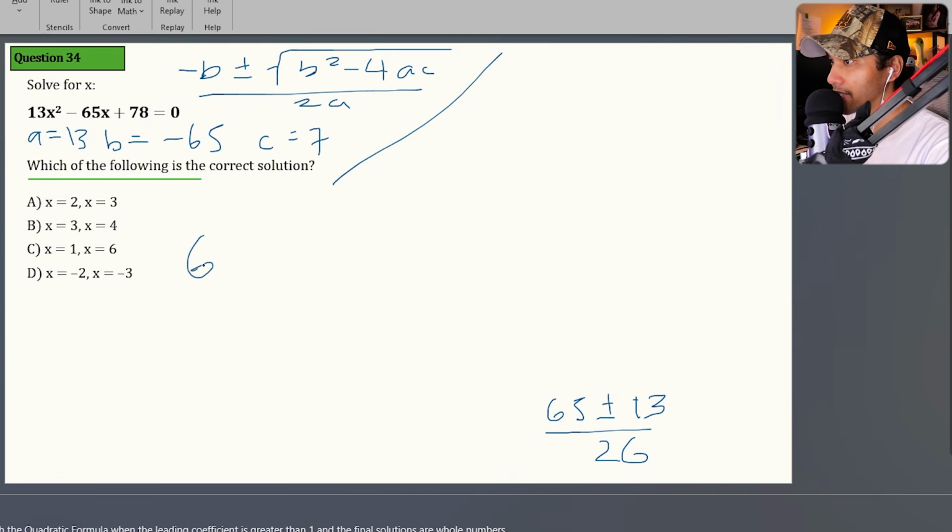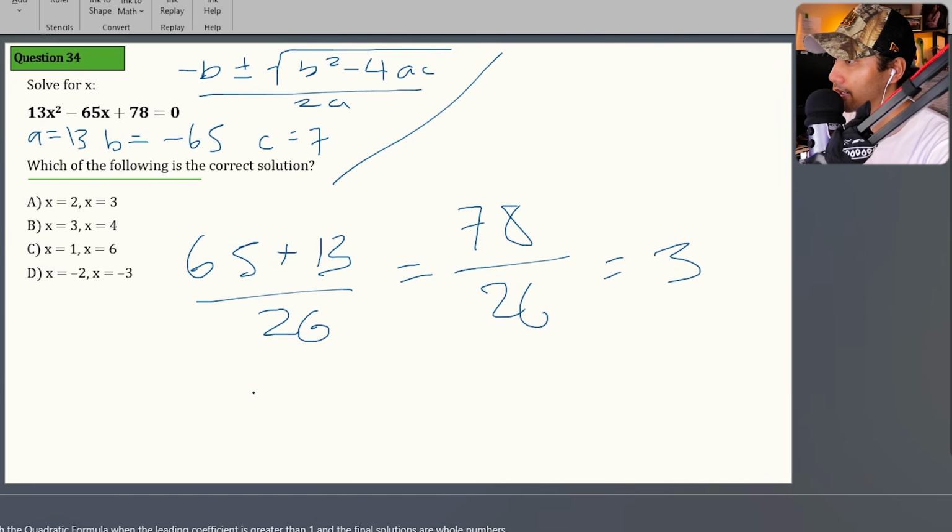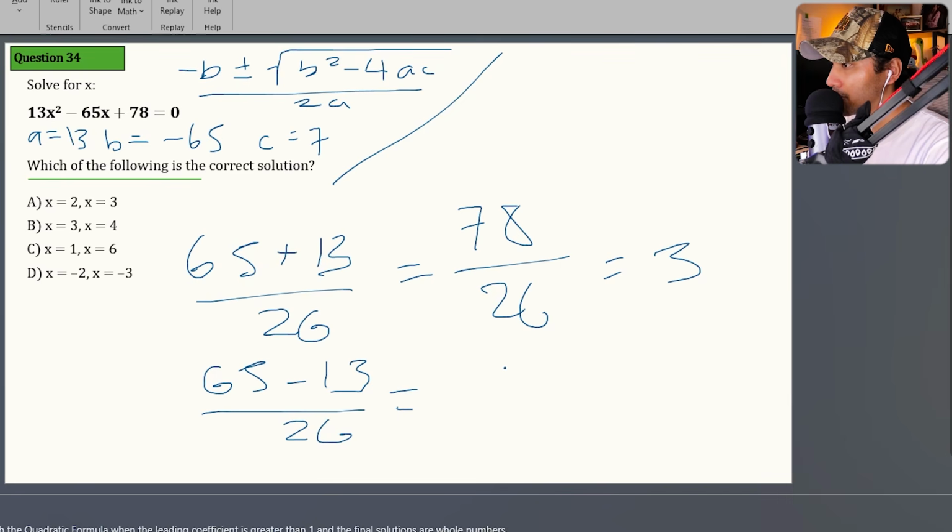Okay, so we have 65 plus 13 over 26, which equals 878 over 26, which equals 3. And then we have 65 minus 13 over 26, which equals 42, right?